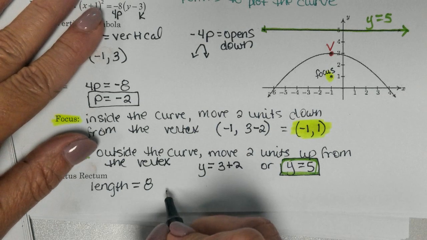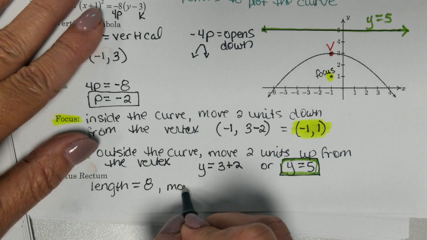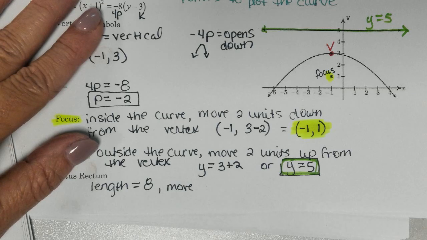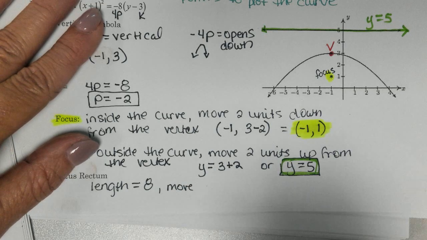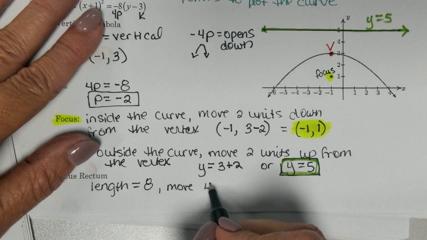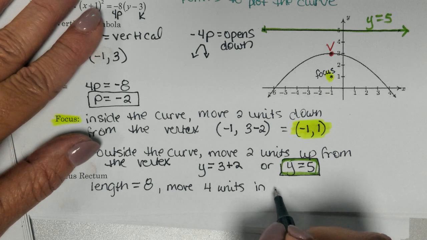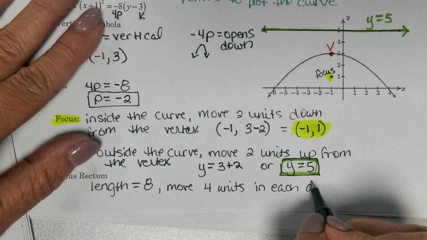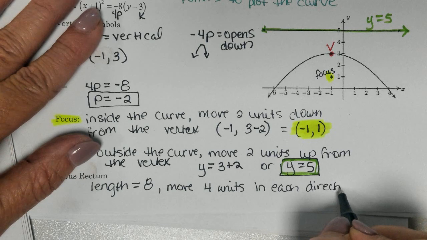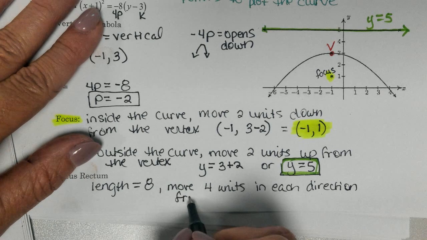So what you're going to do is move half that distance to the left and half that distance to the right. So you're going to move 4 units in each direction from the focus.